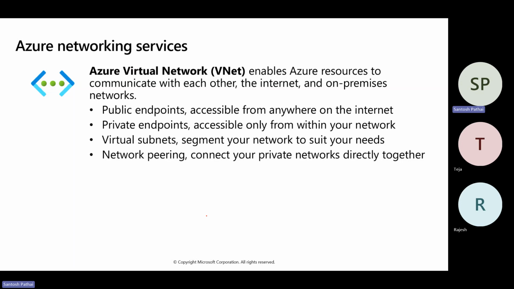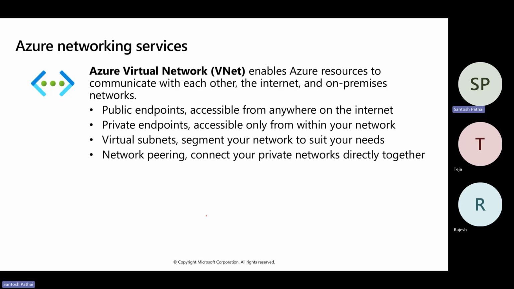Then Azure Networking. As the term says, Azure Virtual Network helps us to deploy Azure resources so that we can communicate between those resources over the internet, over on-premise, or within the cloud itself. We can have public endpoints, which are accessible from anywhere on the internet, and private endpoints, which are accessible only from within your virtual network.